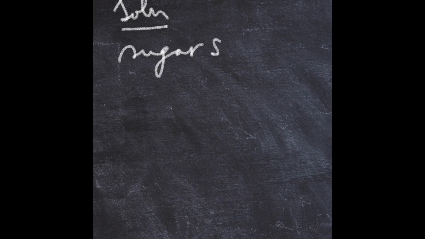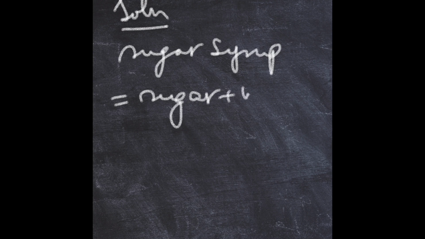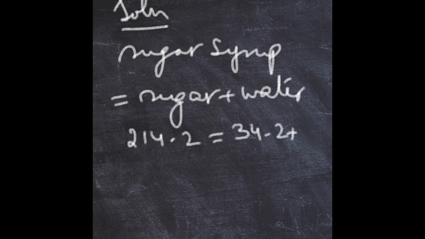So now you have the solution to this question. Now this is sugar syrup. Sugar syrup means sugar plus water, right? And they have said the weight of sugar syrup is 214.2, and this is equal to weight of sugar, that is 34.2, plus the weight of water, right?